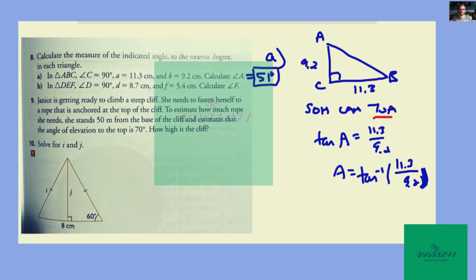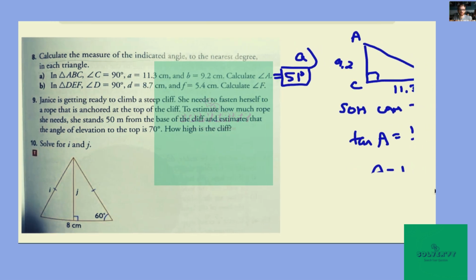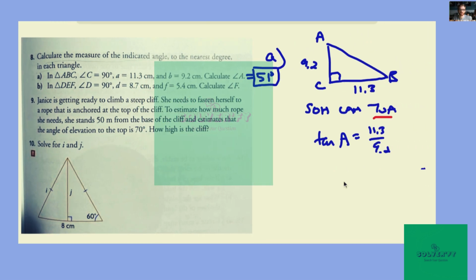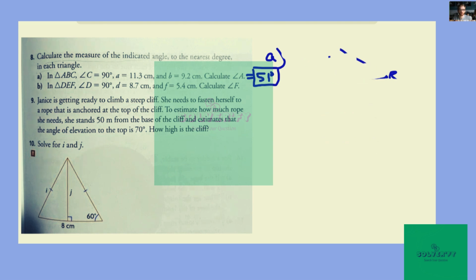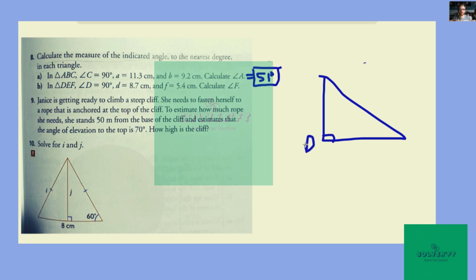Triangle DEF, I'm going to erase some of this work now just to save space. We've got triangle DEF, where angle D is 90.